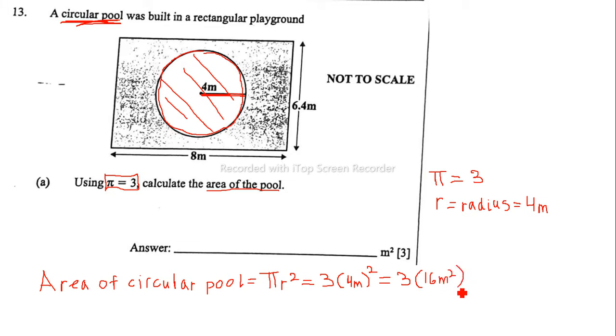Now, what is 3 times 16? 48. 48 meters squared. Okay, so the correct answer is 48. Any questions on this?